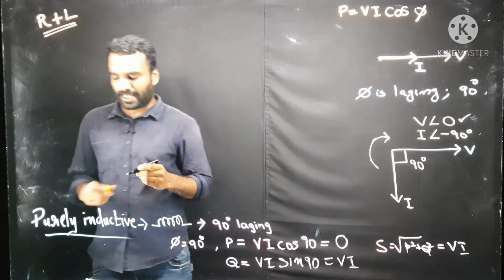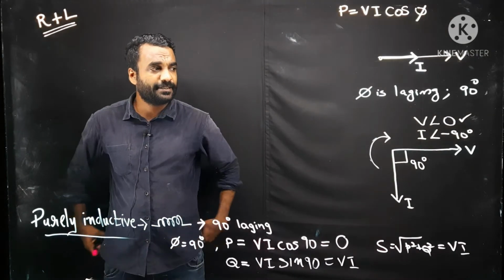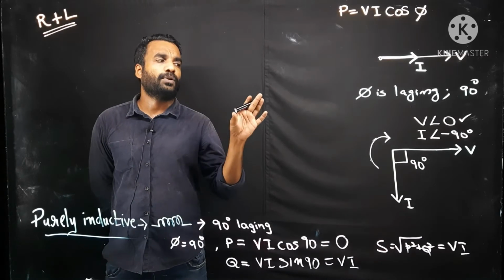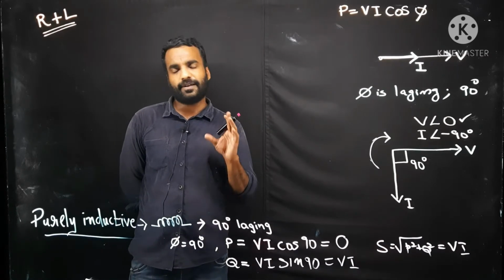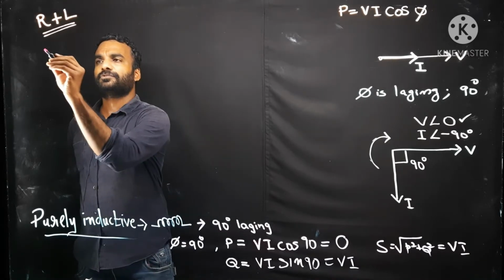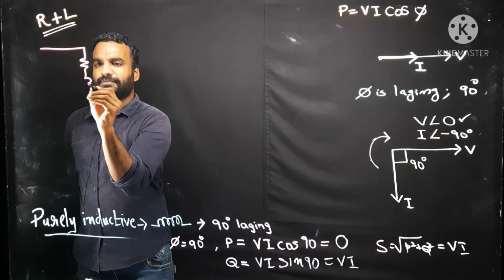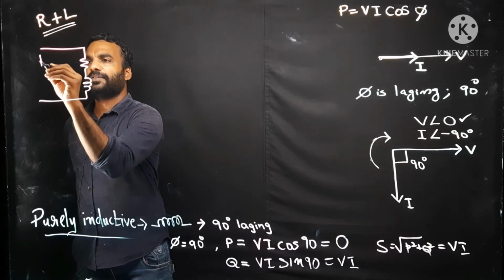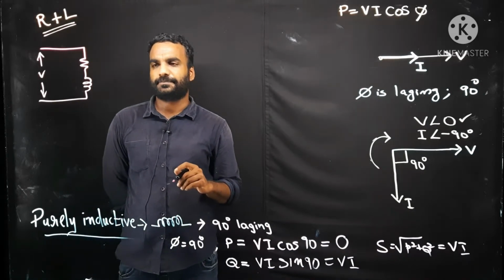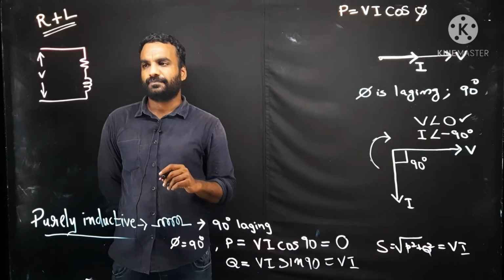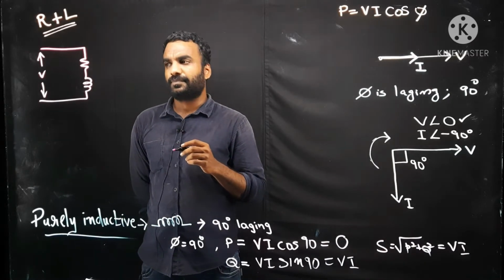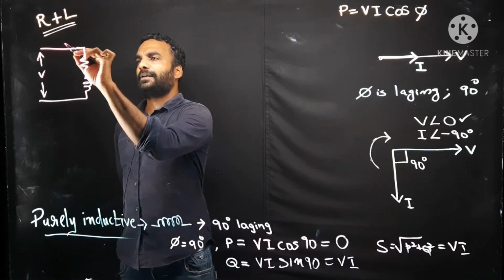If the load has resistance and inductance, and we are applying a voltage, what happens? A current will be passing through it.